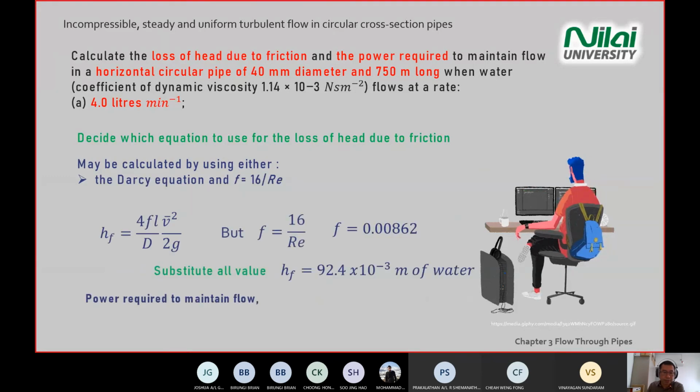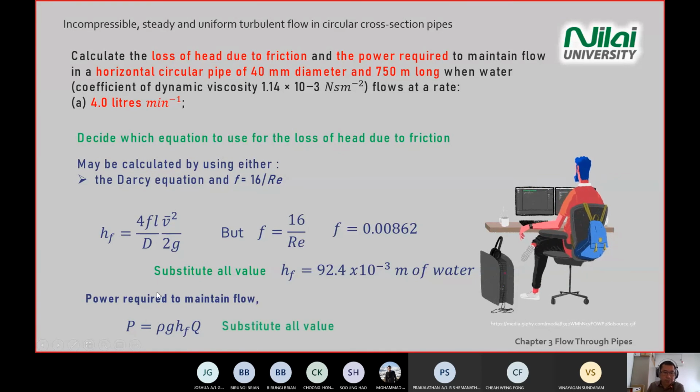So both give you the same answer. And then power is also given by this equation, P equals rho g head loss Q. Substitute, you get your power, 0.6 watt. So this is the power that you need to select the correct pump or turbine or devices for the system.